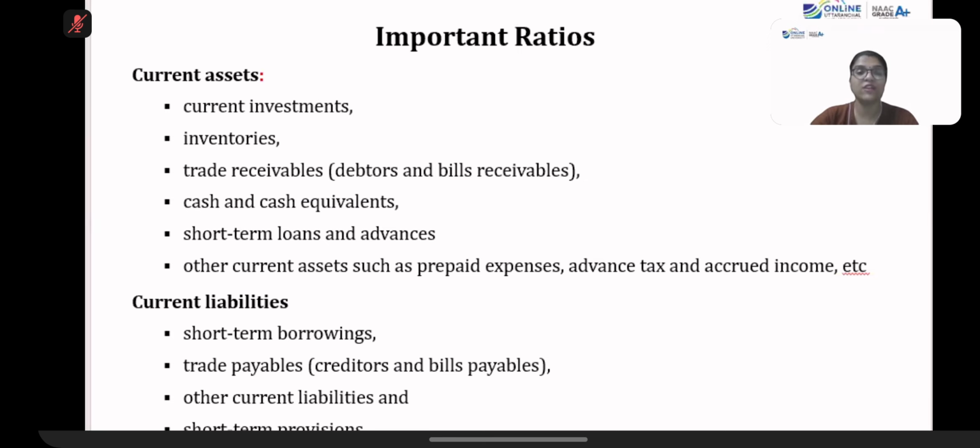Current liabilities are those which have to be repaid within a period of 12 months. That is short-term borrowings, your creditors. Then we could have short-term provisions.